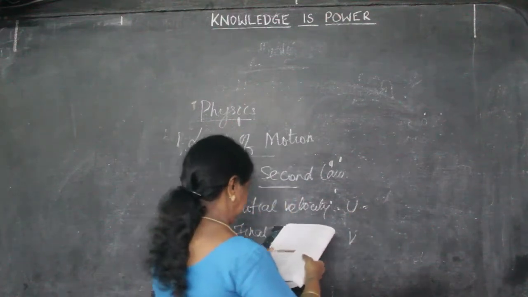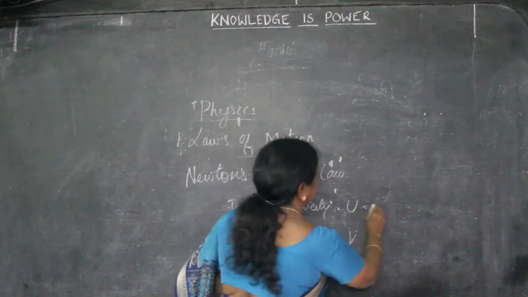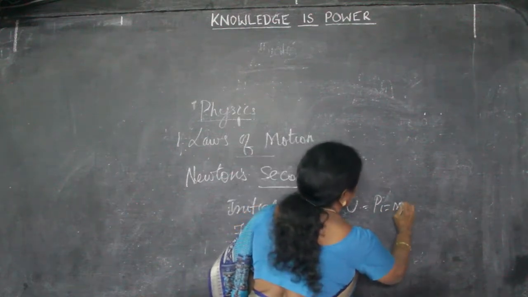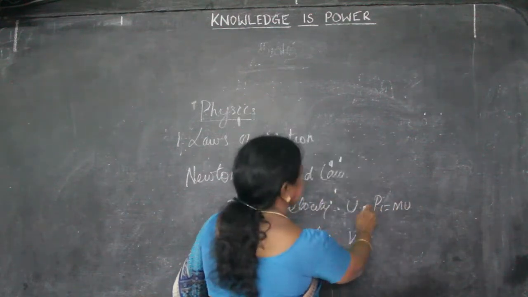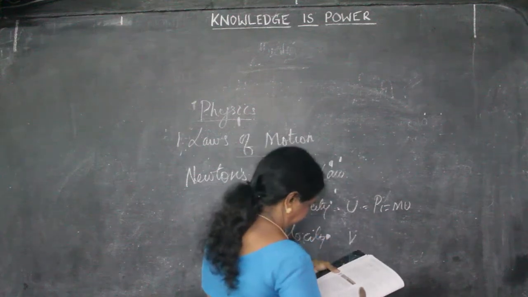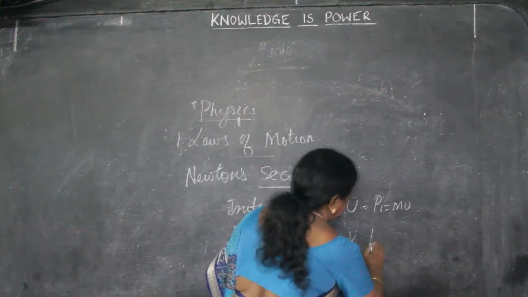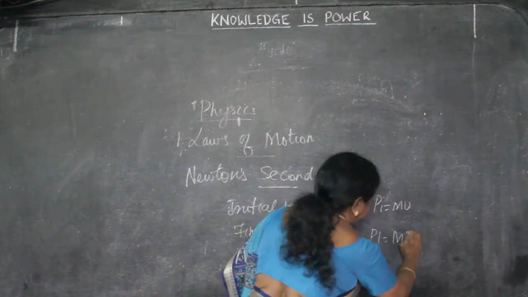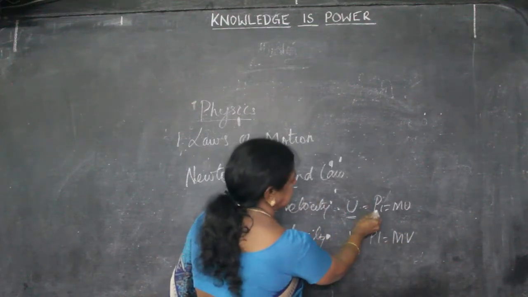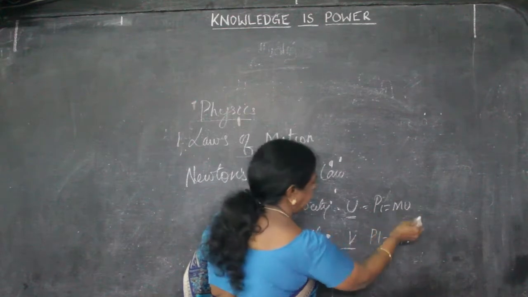In other words, the initial momentum is p1 equal to mu. M is the mass, u is the velocity. The next one, for final velocity, p2 is equal to mv. This is final, this is initial. P is the product.